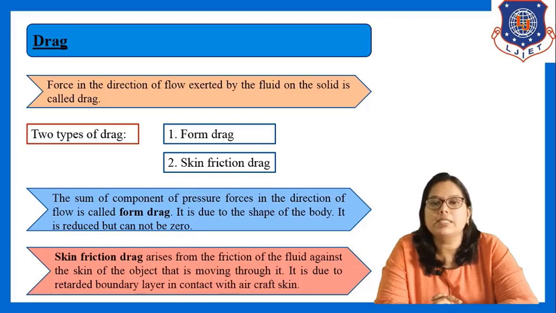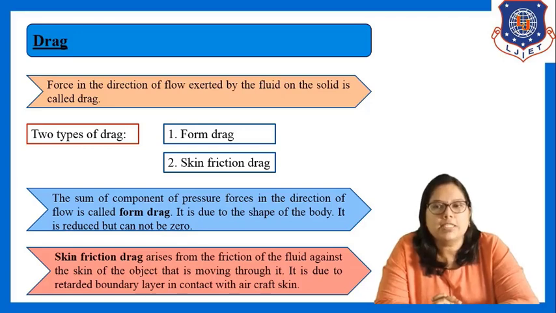We all know what skin friction is. And it is due to the retarded boundary layer in contact with the aircraft skin.